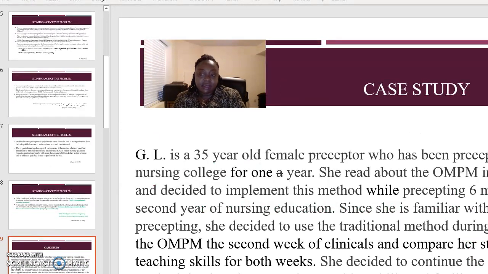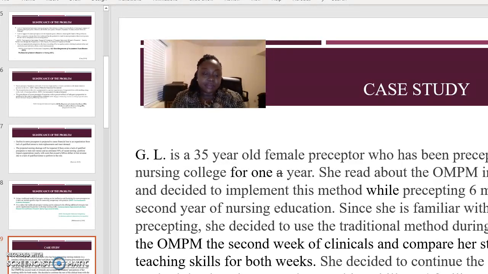So this is the case study. GL is a 35-year-old female preceptor who has been precepting nursing students in a nursing college for 1 year. She read about the 1-minute preceptor in a nursing peer review article and decided to implement this method while precepting 6 mental health students.